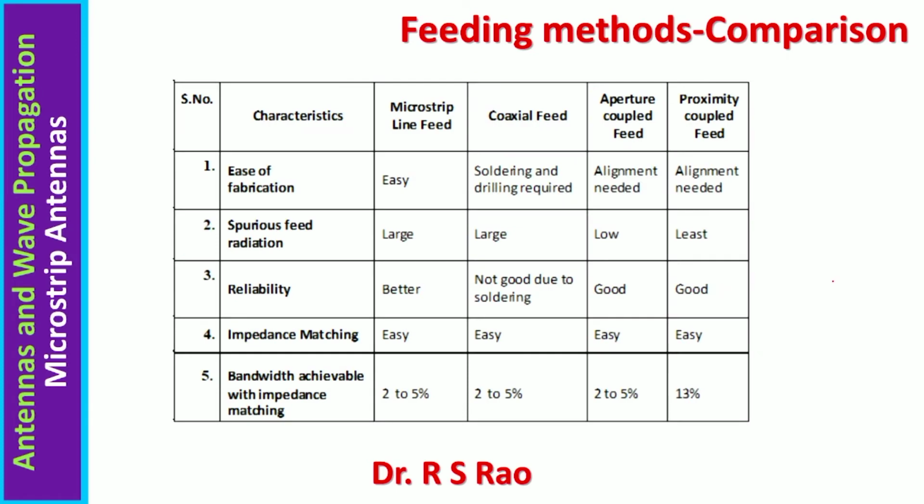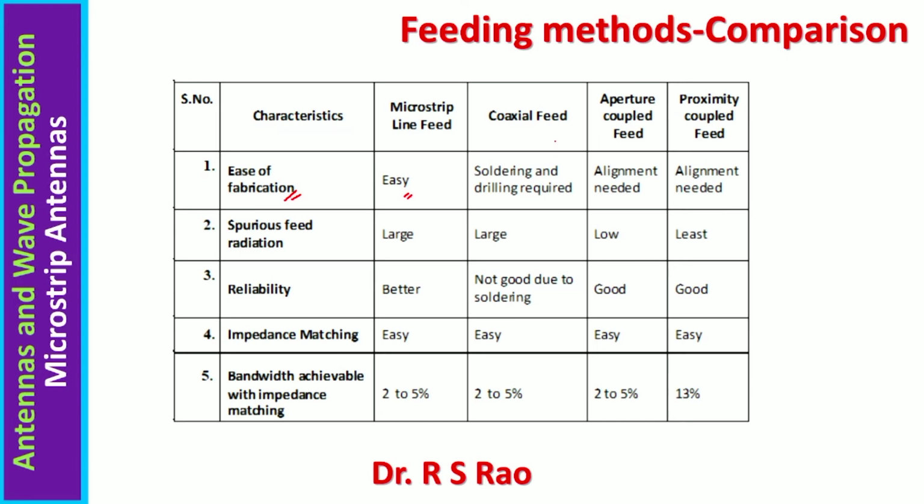Now we undertake a comparative study of feeding methods. Four feeding methods we have already covered: microstrip line feed, coaxial feed, aperture coupled feed, proximity coupled feed. When it comes to fabrication, it is easy in case of microstrip line feed.